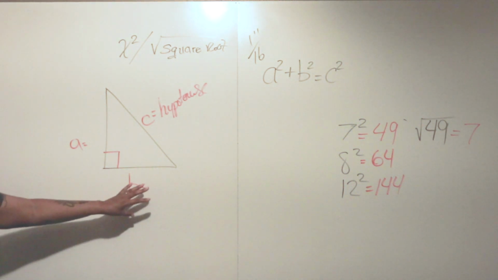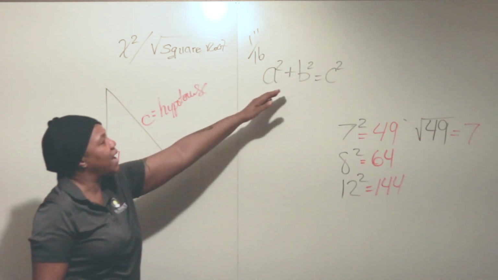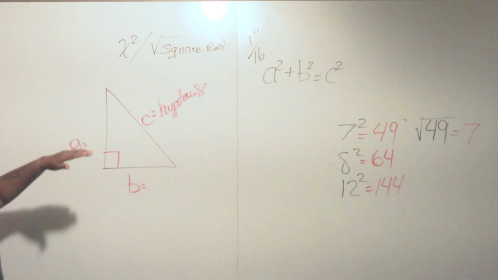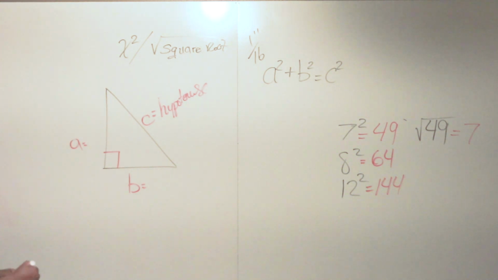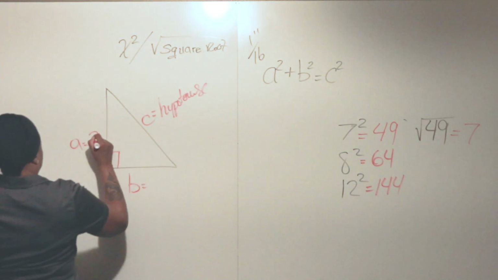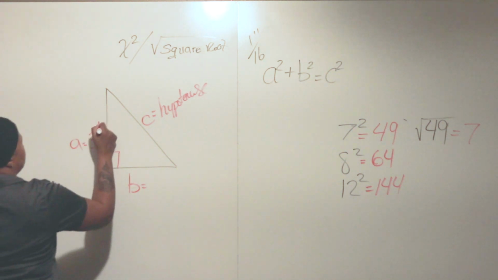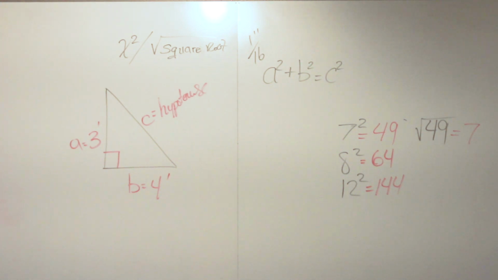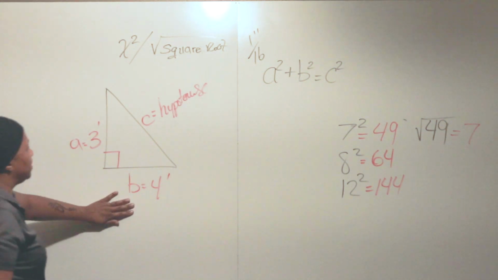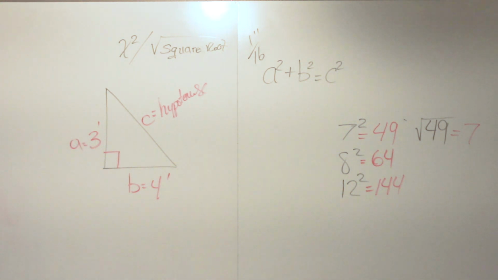When we're doing the Pythagorean theorem, again, we're adding and squaring numbers. When we're adding, it doesn't matter which order you put them in. So let's say this was 3 feet, that's 4 feet, and we're looking for C. There's my adjacent side, there's my base. First thing I need to do is convert feet to inches.